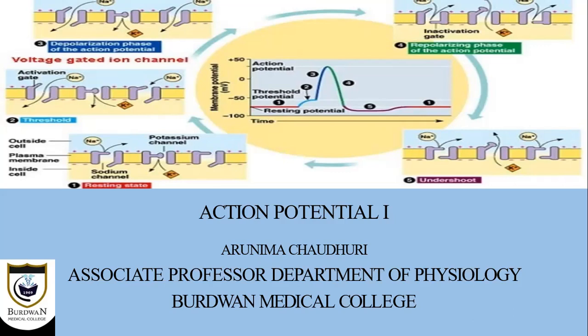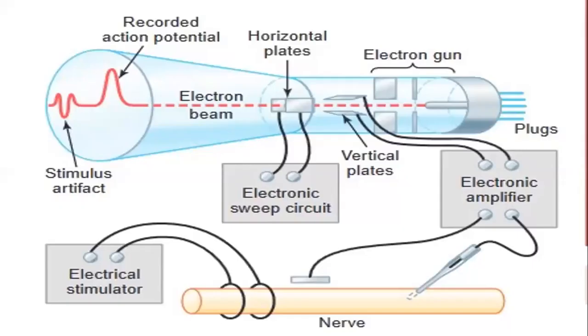Then comes the sodium-potassium ATPase pump, which contributes minus 4 millivolt to the resting membrane potential. Though it contributes only minus 4 to the resting membrane potential, without the action of this electrogenic pump, what will happen?